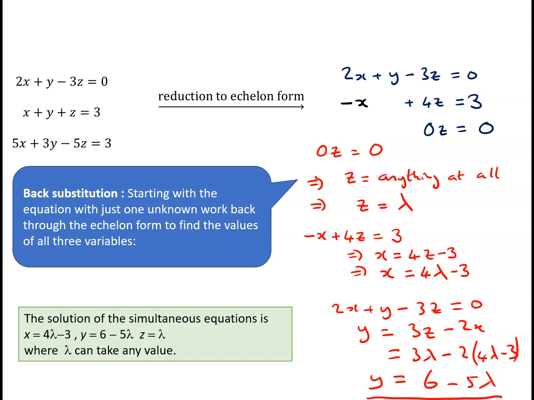So the solution of the simultaneous equations is x equals 4 lambda minus 3, y equals 6 minus 5 lambda, and z equals lambda, where lambda can take any value at all.